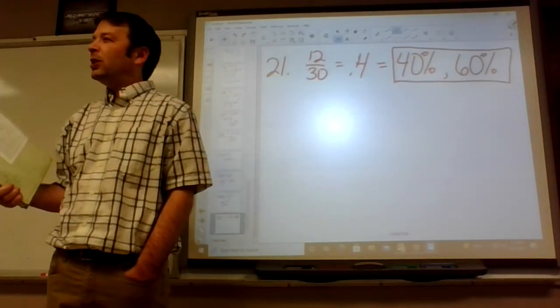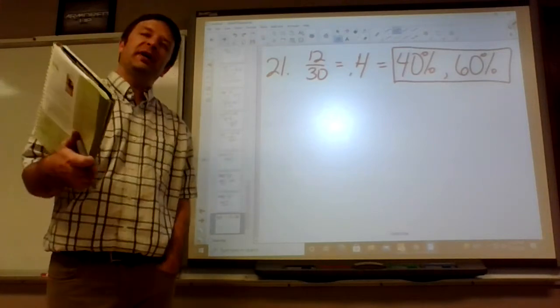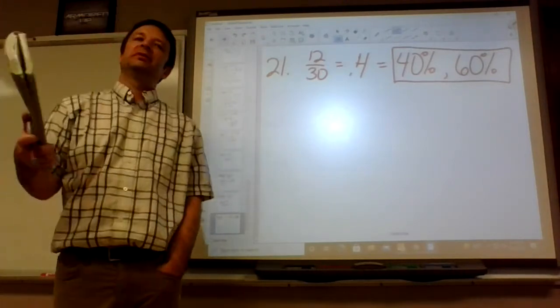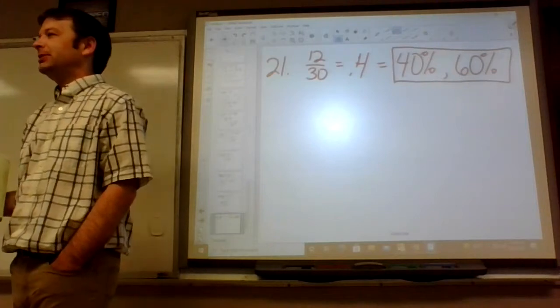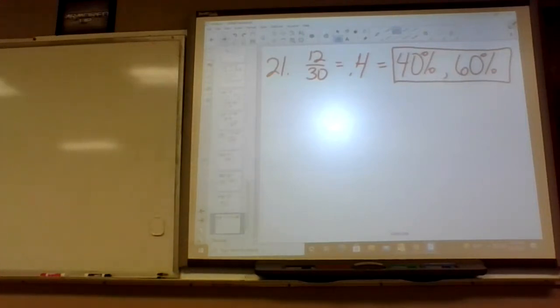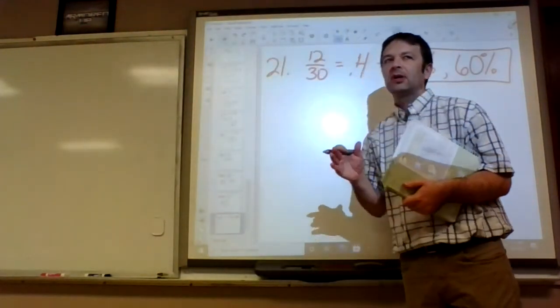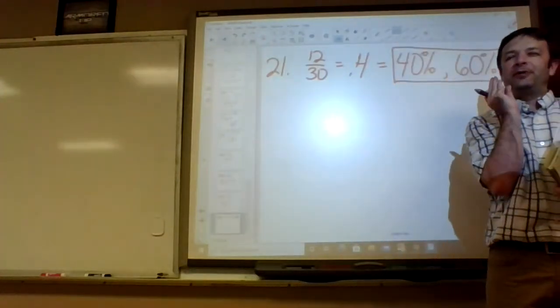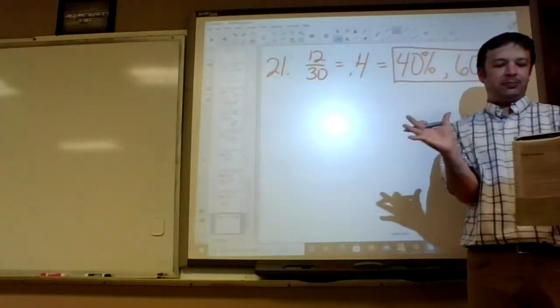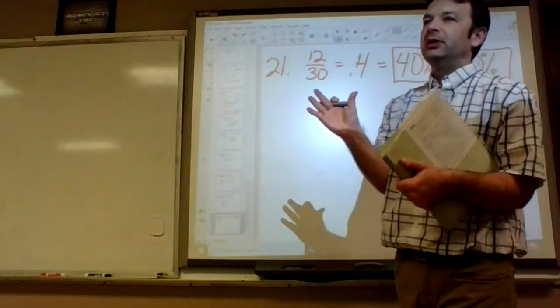What do we know about all the angles in a triangle? They add up to 180. So if angle A is supposed to be 80% of that, almost all of it, how do I write that as an equation?